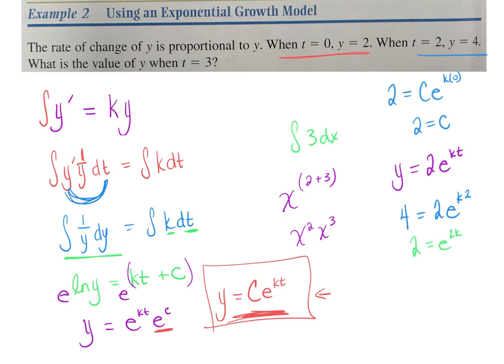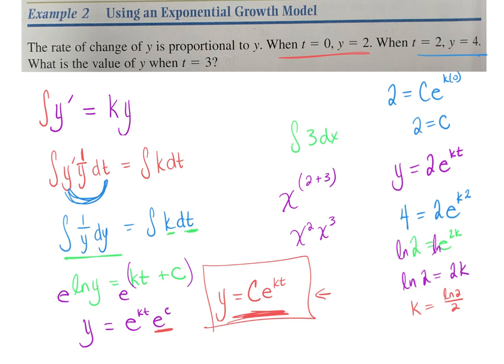How do I get rid of an e? Natural log of both sides. All right. So I get the natural log of 2 equals 2k. How do I solve for k? Divide by 2. So my k here is ln of 2 over 2. I know that's a hideous number.